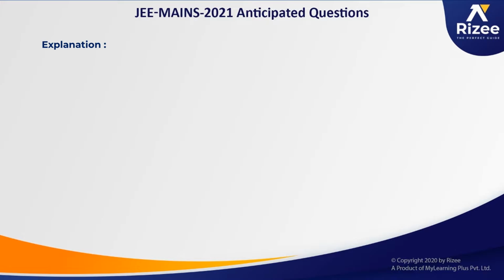So what is the relation here? The total mechanical energy, TE, is equal to the sum of kinetic energy plus potential energy. For maximum speed, the potential energy should be the minimum. To find the minimum potential energy, differentiate: dV by dx should be equal to 0.